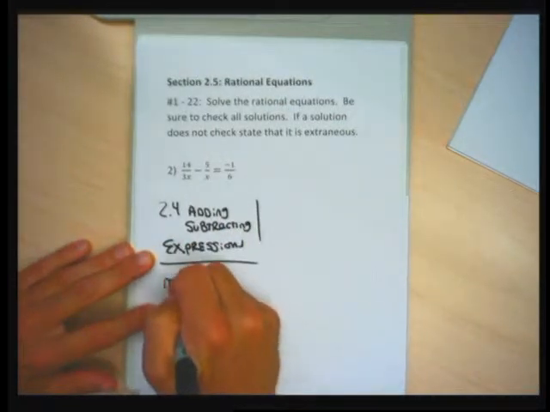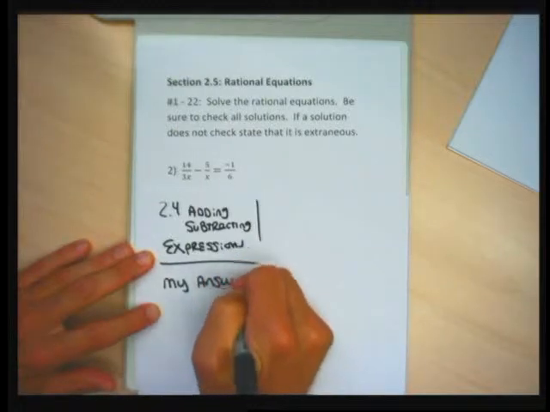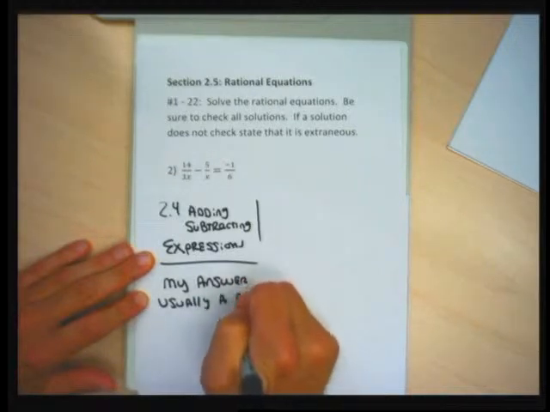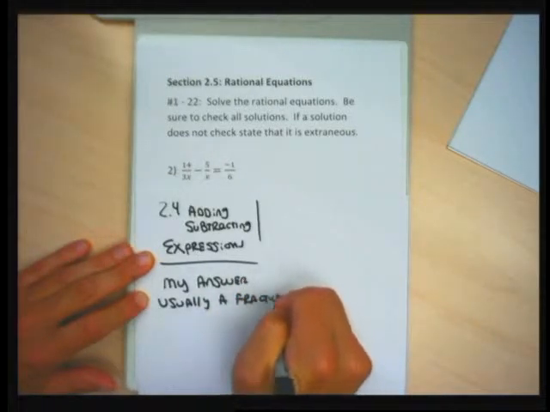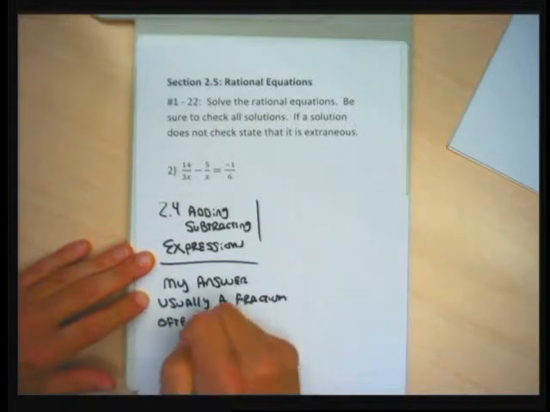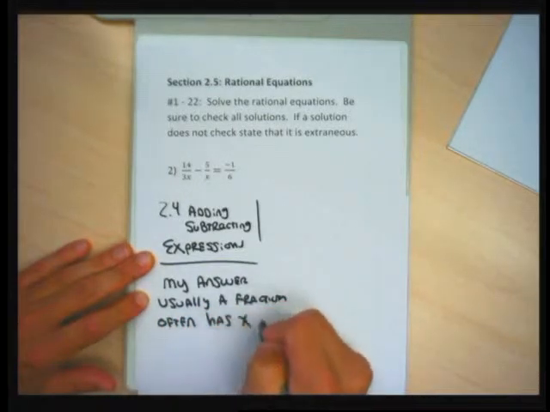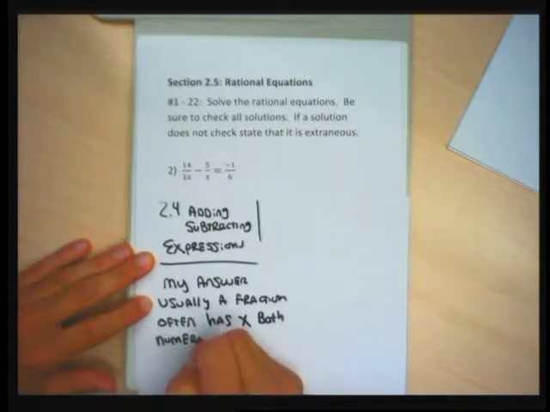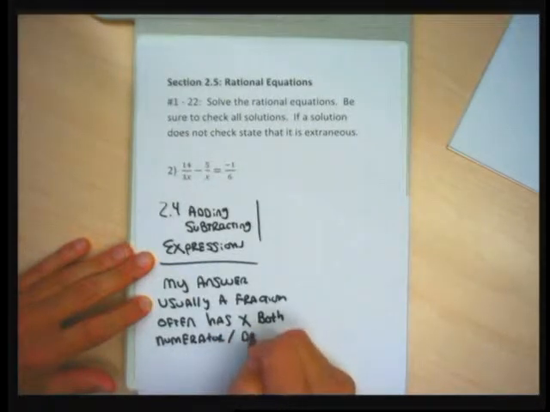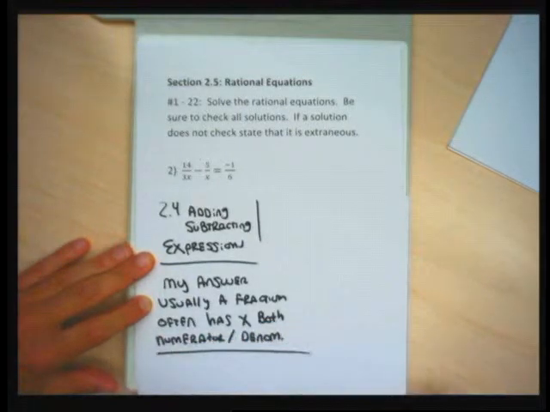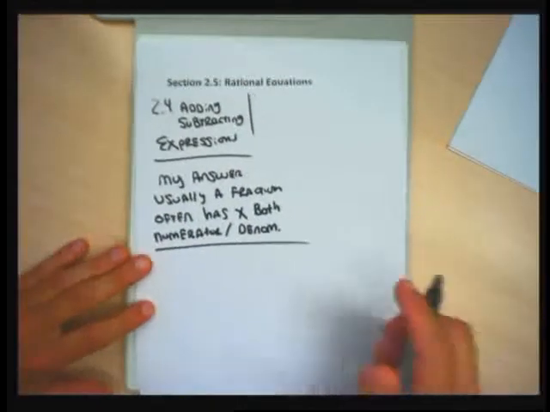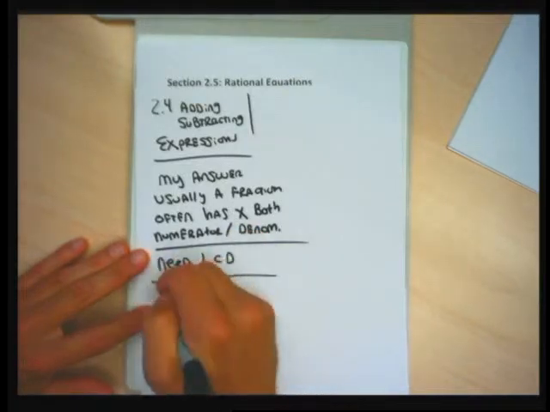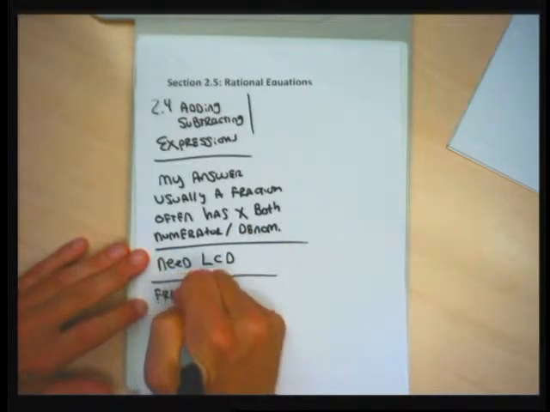And my answer is usually a fraction, and it often has x's in both the numerator and denominator. In the last section, 2.4, I need a least common denominator, but the fractions never go away.